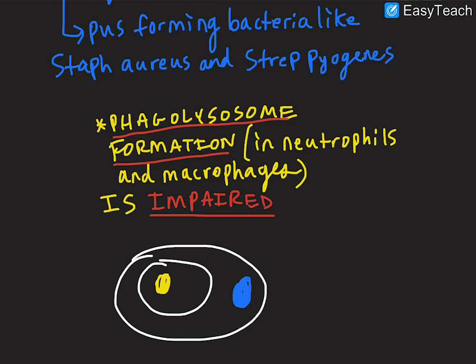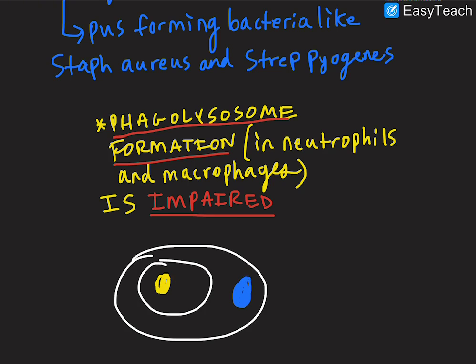Which makes sense to say that one of the findings is recurrent infections. Because remember, your neutrophils, for example, have granules in them that have certain enzymes that will destroy the pathogen. You can't even degranulate either, because the granules build up and can't move around properly. Your lysosomes can't move around properly, and you need all these in order to properly destroy the pathogen.